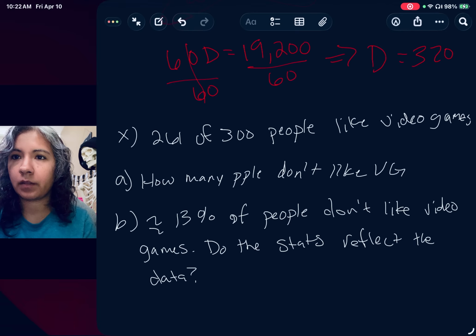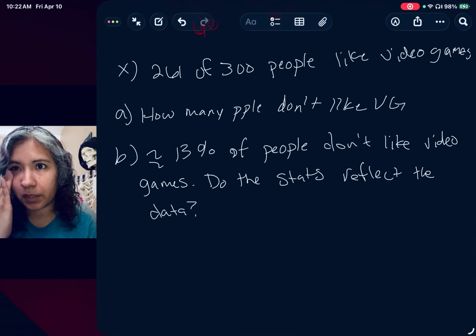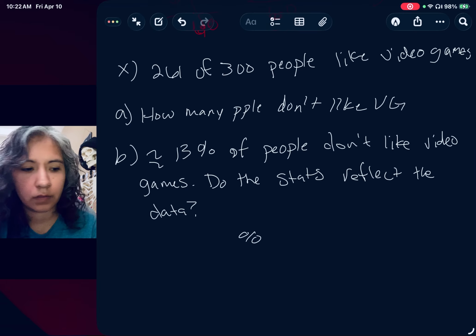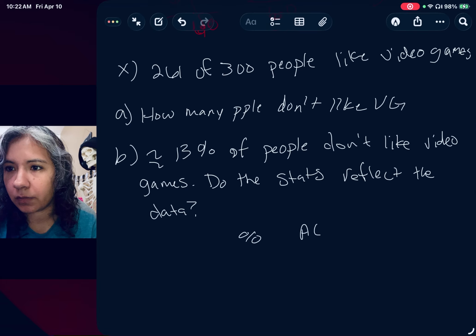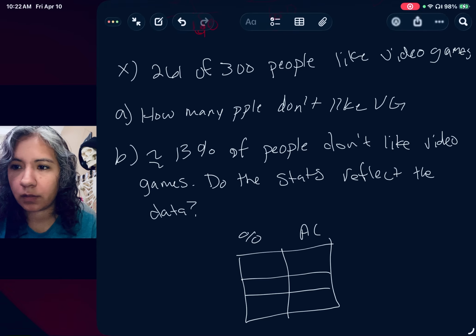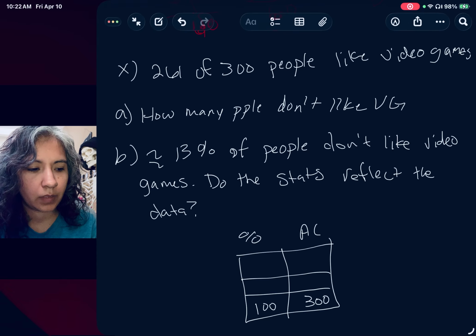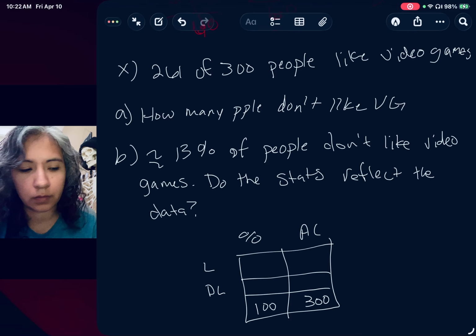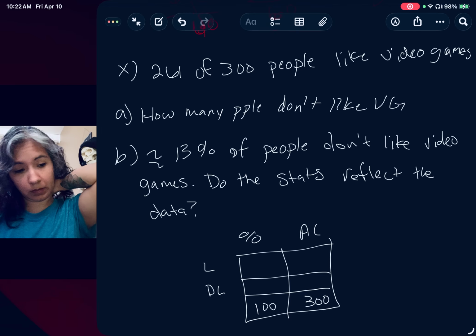Okay, so now let's go ahead and draw a ratio box. So we'll do percent and actual count. And our percent is 100. We have 300. And we have like video games, don't like.